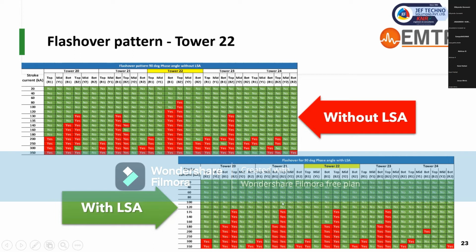Whereas after installation of surge arresters at tower 22 and no surge arresters on other towers, we observe that the lightning flashover critical current has increased to 135 kiloamps. So we see the improvement in the line performance after installation of arresters.